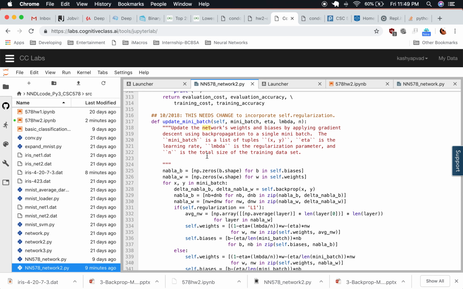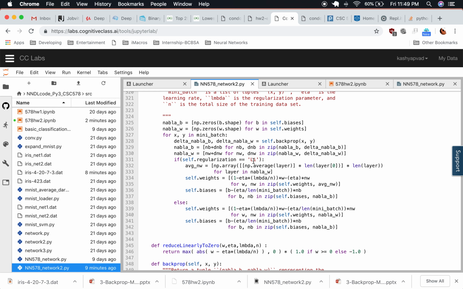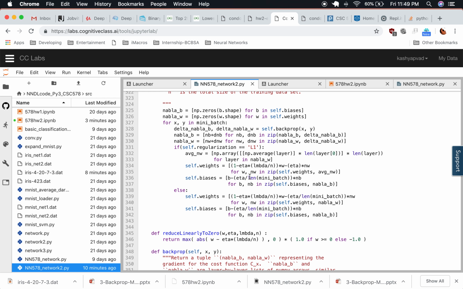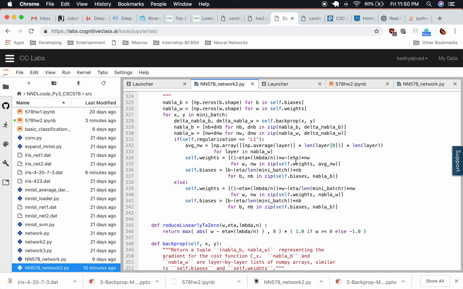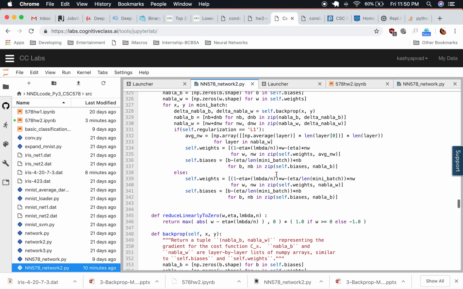Now I updated the update mini-batch function so that it takes regularization into consideration. So for L1 and then for L2. So this is where it changes the updating of the weights if there is regularization.